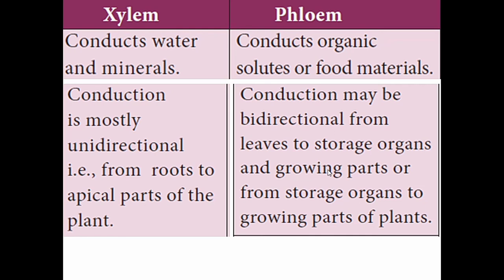When a seed germinates, the storage food in the seed is transported to the growing parts. In phloem, the conduction of food is bidirectional. In xylem, the conduction of water and minerals is unidirectional.